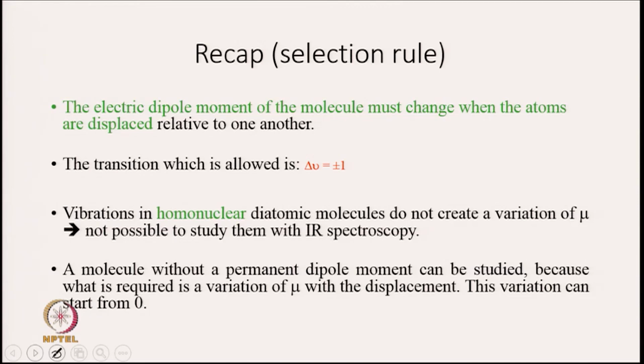The second is the specific selection rule, which tells you that a transition is only allowed when delta V is equal to plus or minus 1. For a homonuclear diatomic molecule, vibration does not create a change in the electric dipole moment, so homonuclear diatomic molecules cannot be studied through IR spectroscopy.